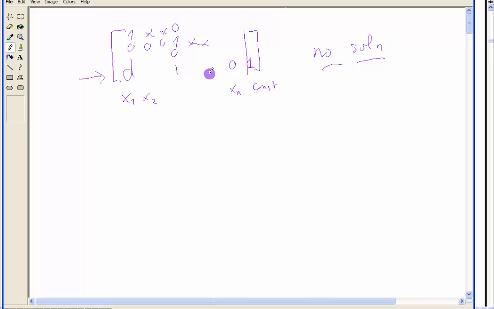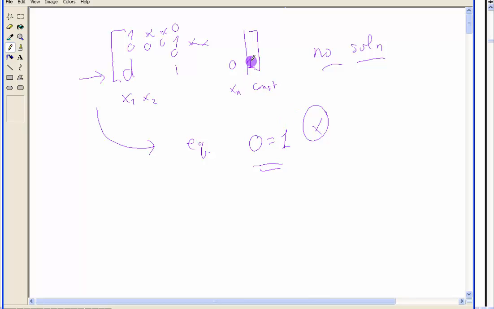Well, you have 0 times x1 plus 0 times x2, and so on, 0 times xn equals 1. In fact, that last equation is 0 equals 1. That doesn't work. So if there's a pivot in the last column, the system includes the equation 0 equals 1, which is impossible.